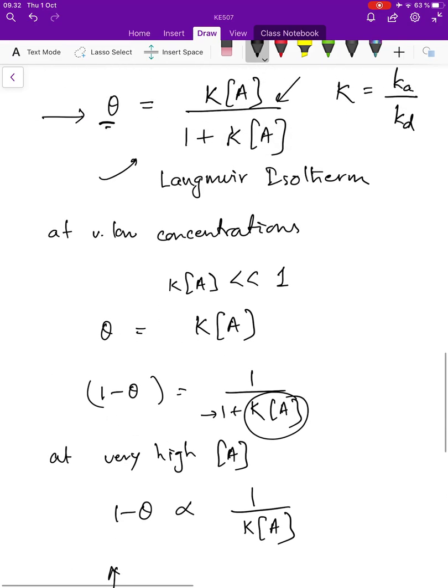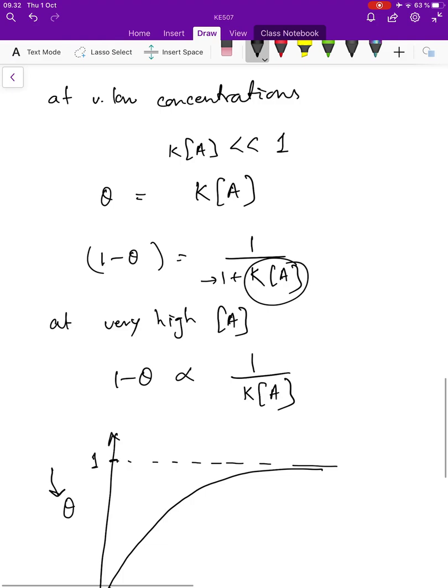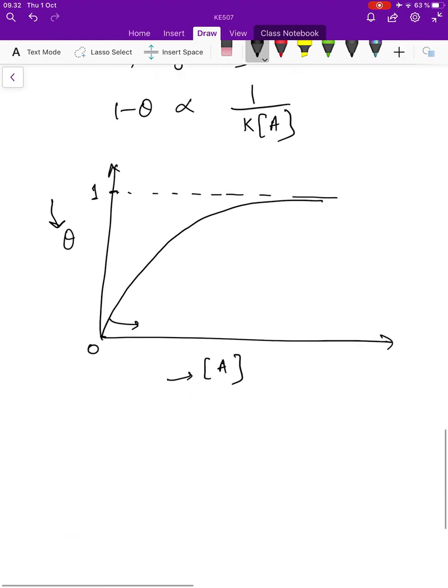And if you plot this equation here, it will look something like this. And of course, the maximum fraction of adsorbed sites will be equal to 1. At low concentration regimes, which is this region, theta is linear with A. You can clearly see that this is almost a straight line.